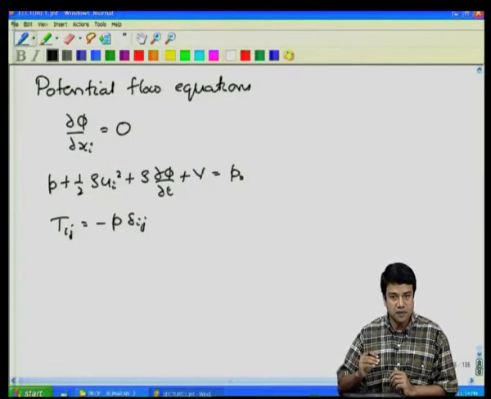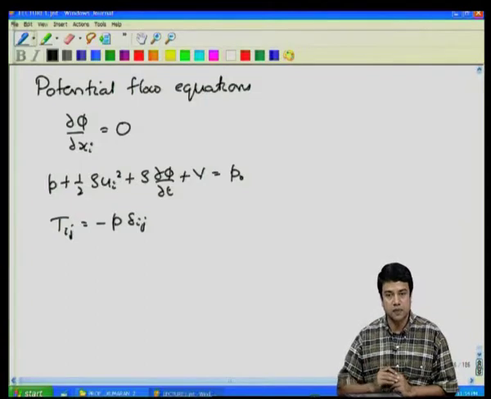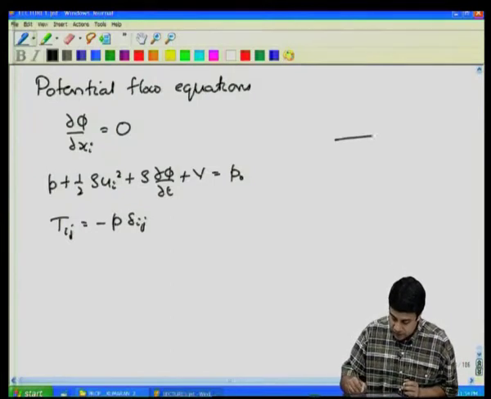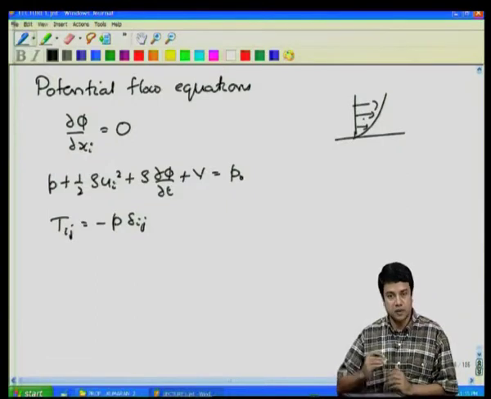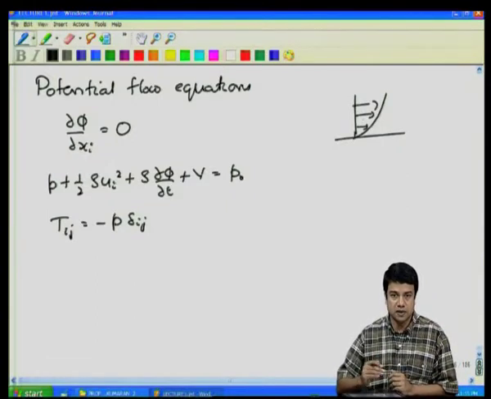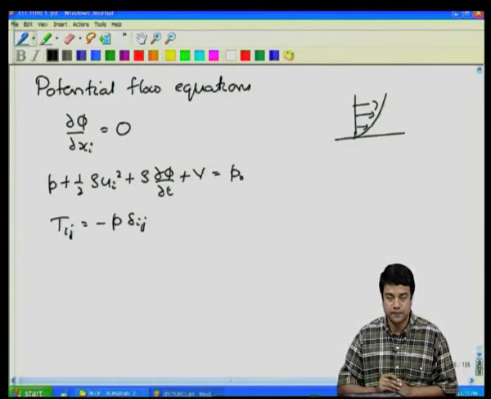No mechanism for transporting momentum perpendicular to the flow direction, because we have neglected the viscous stresses, which ultimately result in the velocity field coming to 0 at a surface, the momentum diffusion, which results in the no slip condition at the surface.